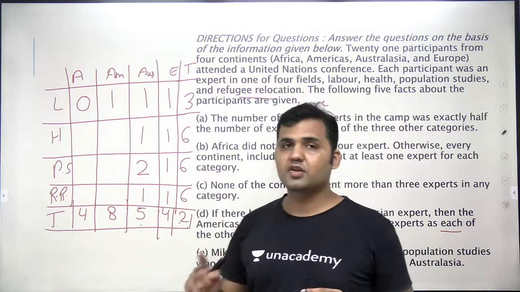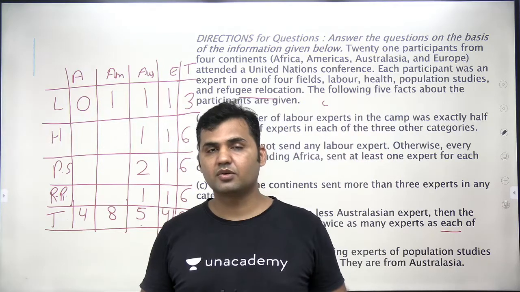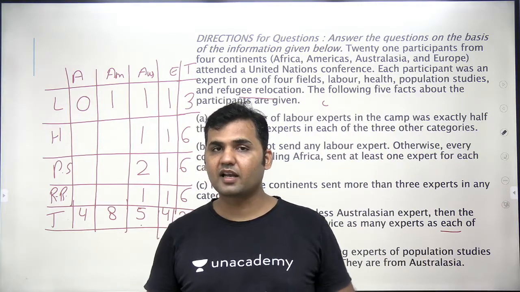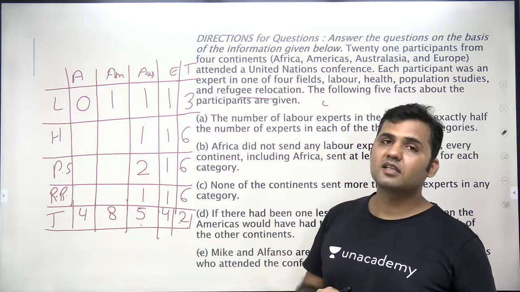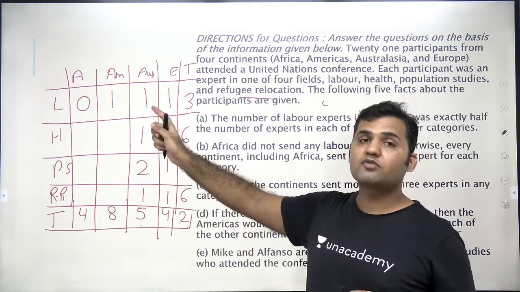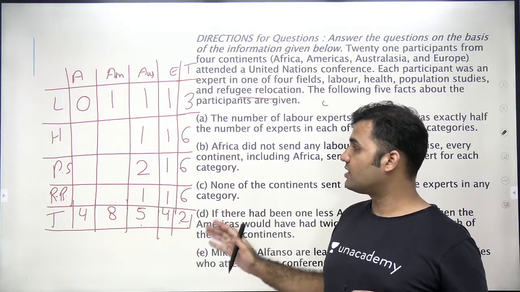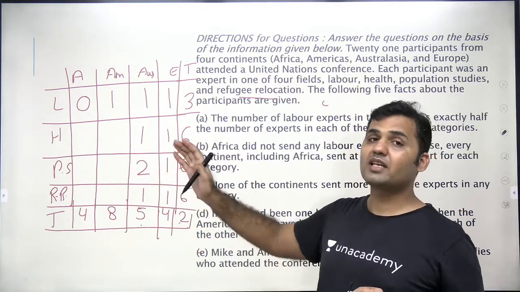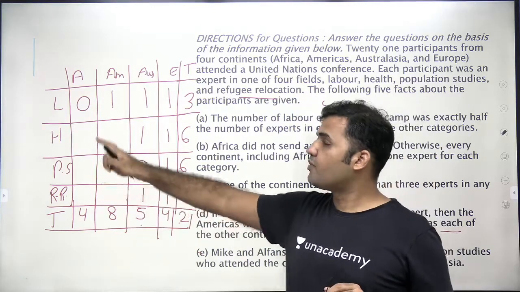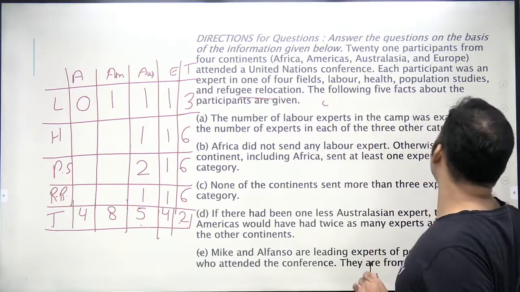You'll see that for question number 2, question number 3, question number 4, if you have tried, which I asked you to try in the previous video, the way I'll solve these questions, we will not have to make all the possible cases, and I'll be solving the questions in less time compared to what you might have taken if you made all the 6 cases. Now, let's straight away go to question number 2.